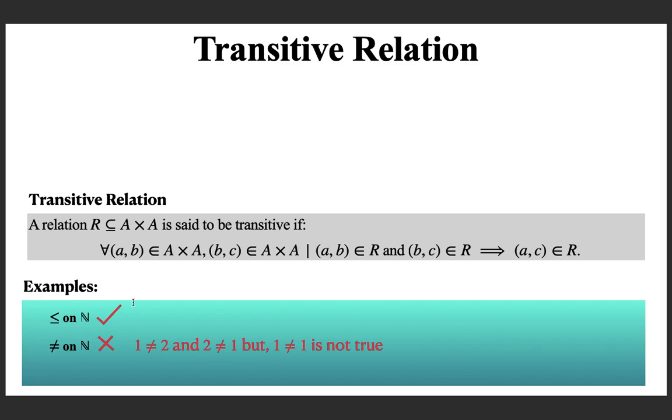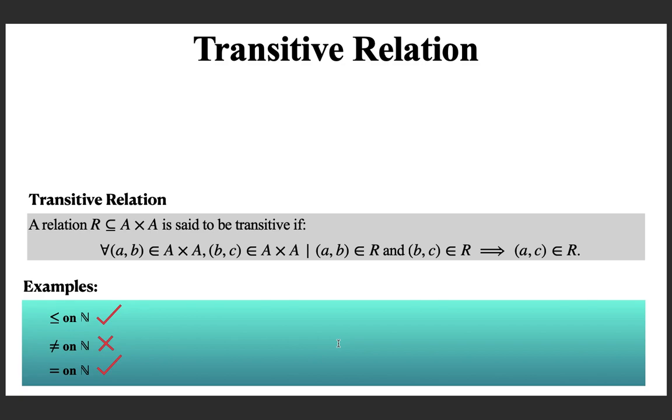So, if it is transitive, 1 must be related to 1. But the relation here is not equal to. If 1 is related to 1, it means 1 is not equal to 1, which is not true. So, here we are getting a counter example, and hence we proved that it is not a transitive relation. And what about equals on natural numbers? You can easily verify that it is a transitive relation.